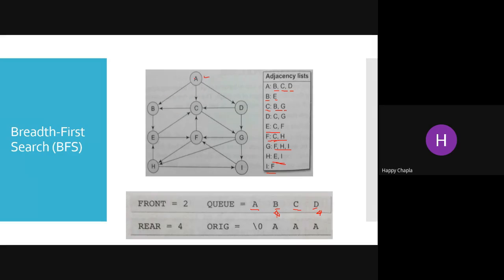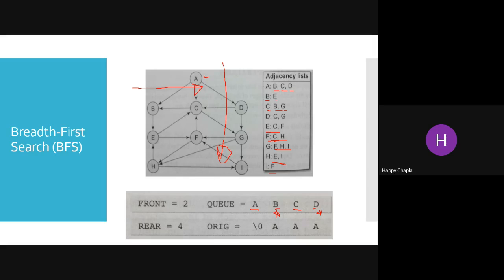If you look over here, A's adjacent nodes are B, C, and D. Now for E, we have to take the next one, that is E. For E, we are trying to find the next adjacent nodes, that is C and F. For C, the next adjacent node is G, because we had already taken B. So we are not moving from top to bottom, but we are traversing from this side to this side.